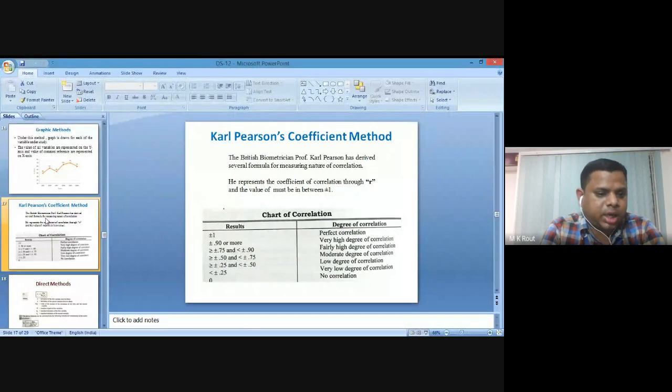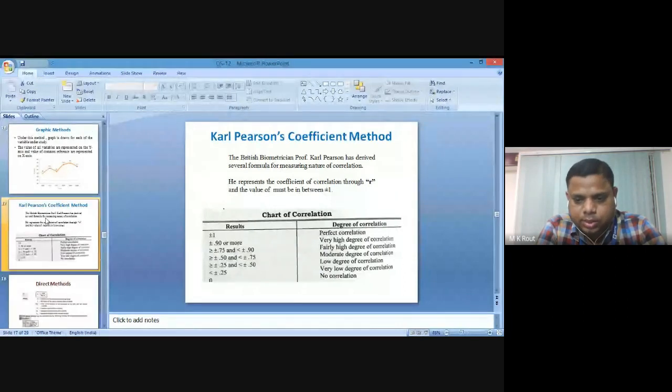It is my advice that you must note that the value of correlation lies between plus and minus 1. If you go to the chart of correlation, plus or minus 1 represents perfect correlation, and 0 represents no correlation.